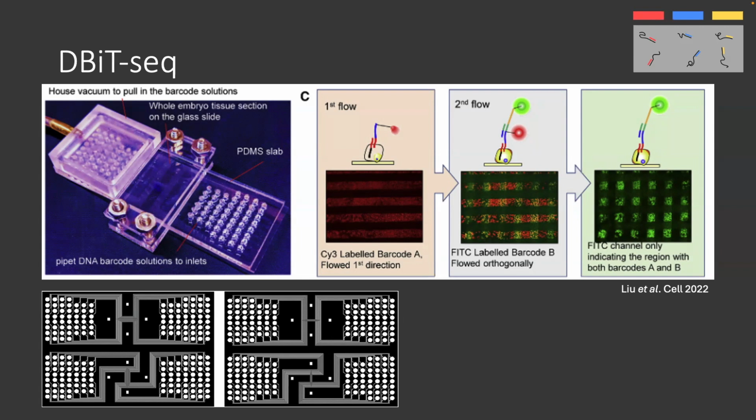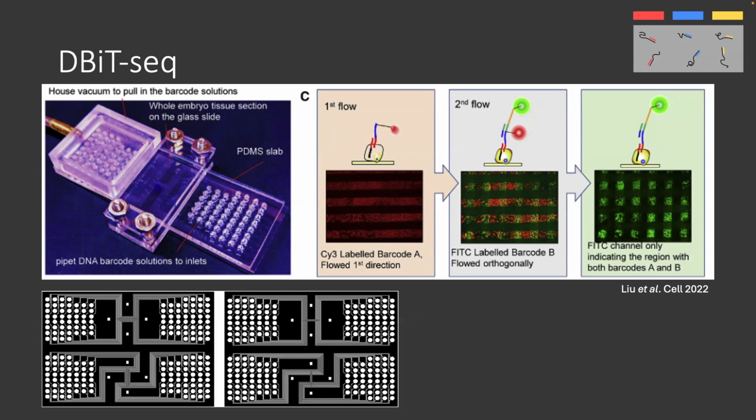And when you then hybridize your barcodes to the target, after the first flow, you see all these lanes, the rows that are barcoded, and then they flip the chip, switch the chip, and then they barcode the columns, and you get a grid pattern, and then you do sequencing, sorry, and then you know from which row-column combination your targets come from.